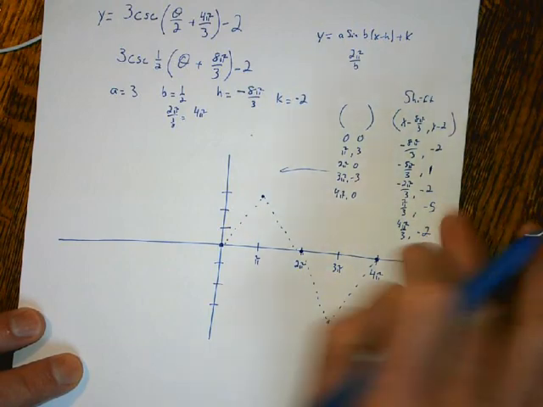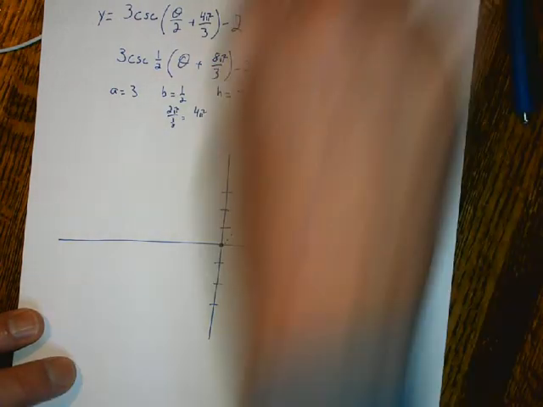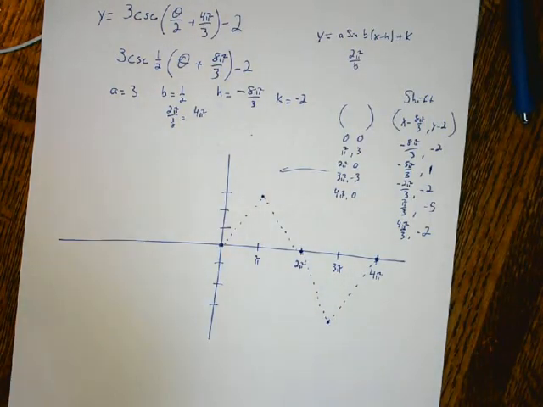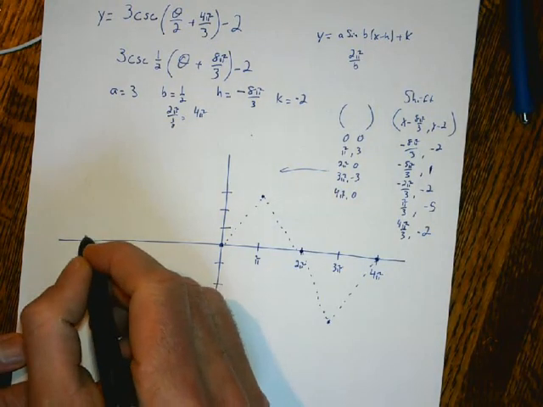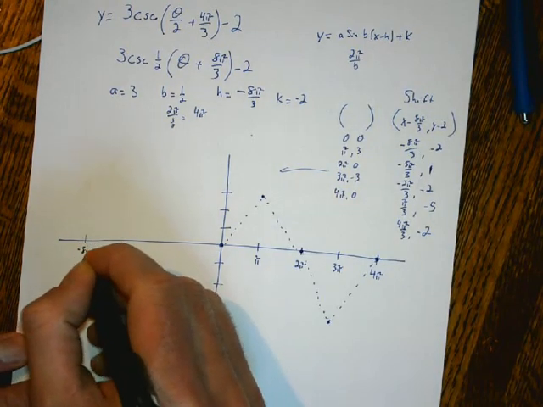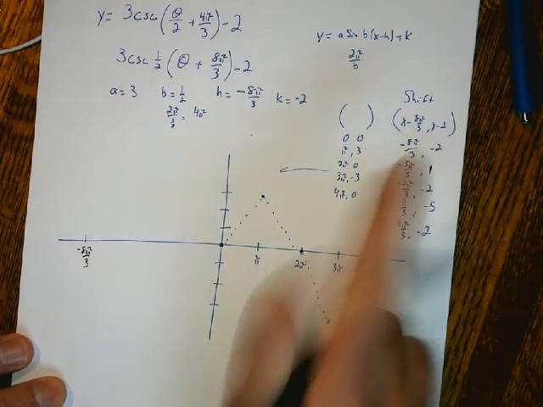I know that the furthest on the left, let me change colors here. My furthest left ordered pair is going to be negative 8 pi over 3. Okay? I know that this value is going to be at negative 2.